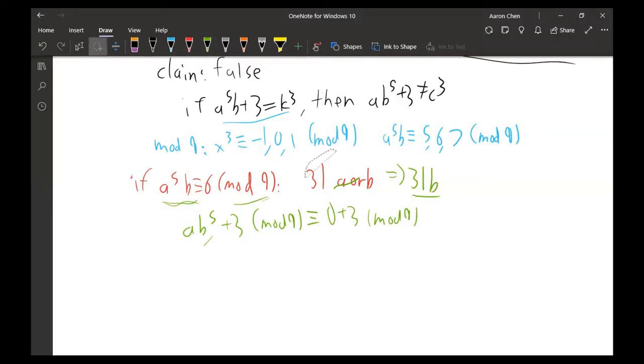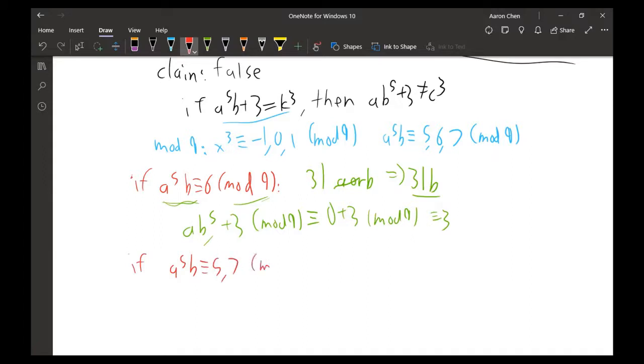So this is congruent to 3. And 3 is not a possible residue for a cube, so there are 0 solutions.